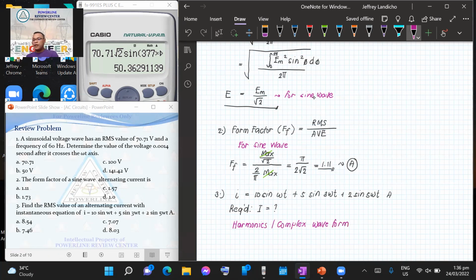Tinawag siyang harmonics kasi if you try to consider, the frequency of every alternating quantity increases by a factor of n. No? So from fundamental, third harmonics, fifth harmonics, so on and so forth.